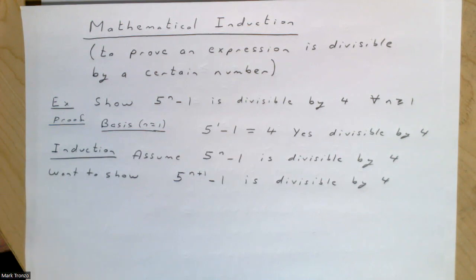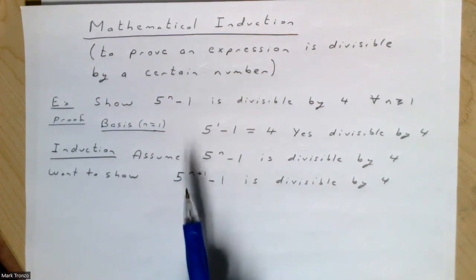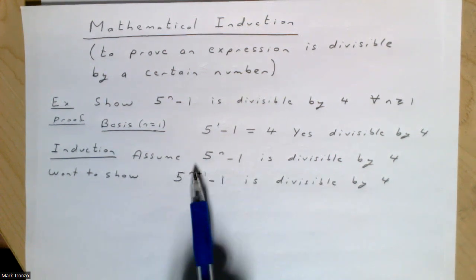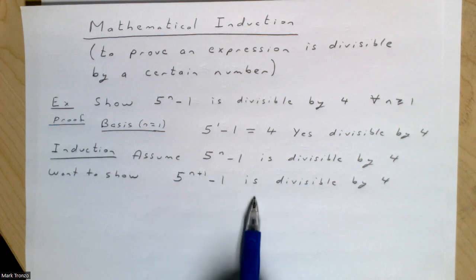Now, again, everything works the same as in the induction problem. The one difference is that usually for most other types of induction problems, we would start by working with what we're allowed to assume and then try to get to what we want to show.